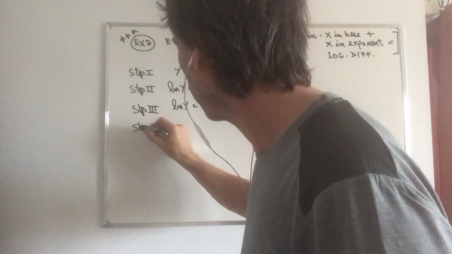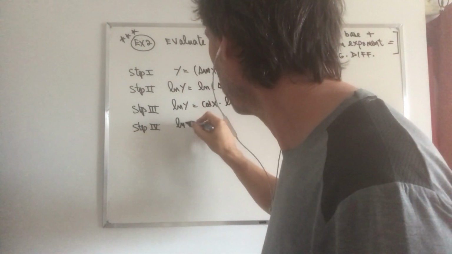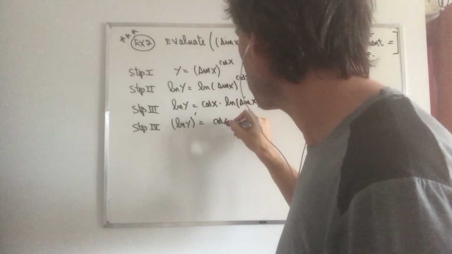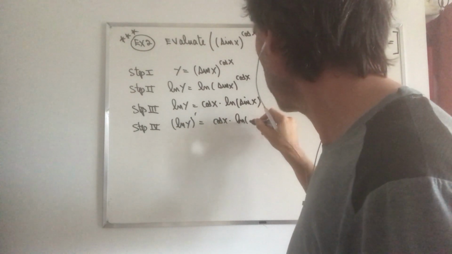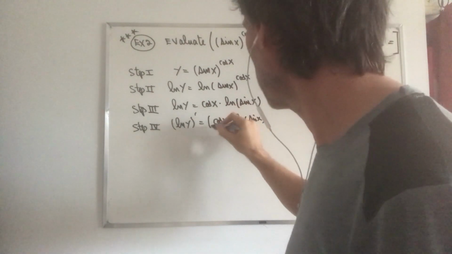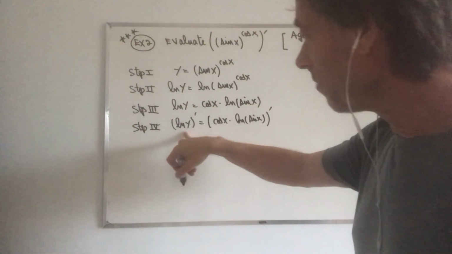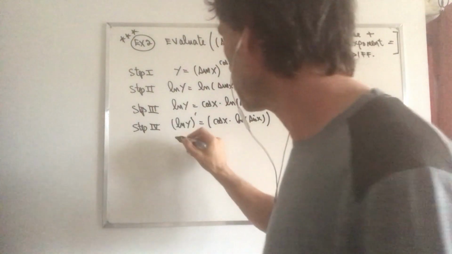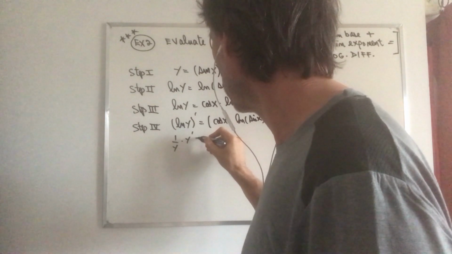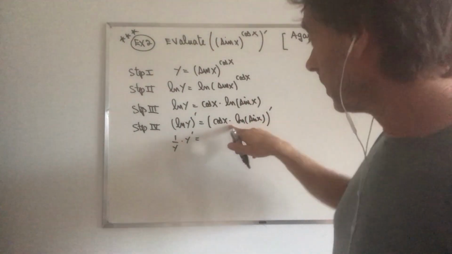Step 4, where most of the work gets done, we shall prime both sides. We shall prime cos x times the ln of sine x. You will notice that the prime of the left-hand side will always be the same. This is always 1 over y times y prime. That never changes. As for this, here we go again.